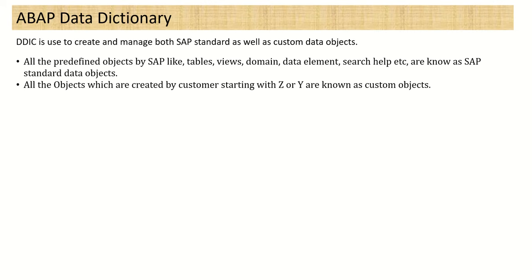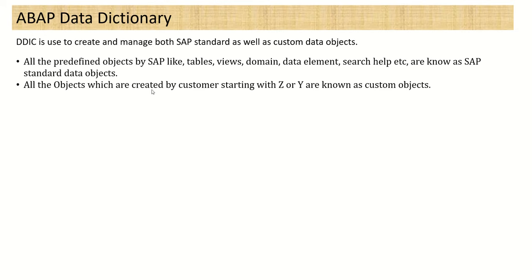And now what are the custom objects? As a customer, whenever we create any objects starting with Z or Y, as in creating our first ABAP program, where I explained that all objects must start with Z or Y as custom objects.